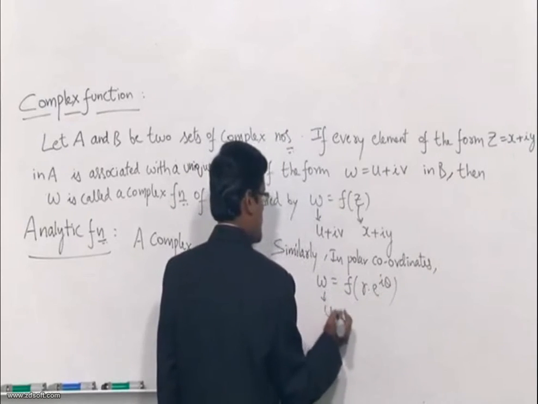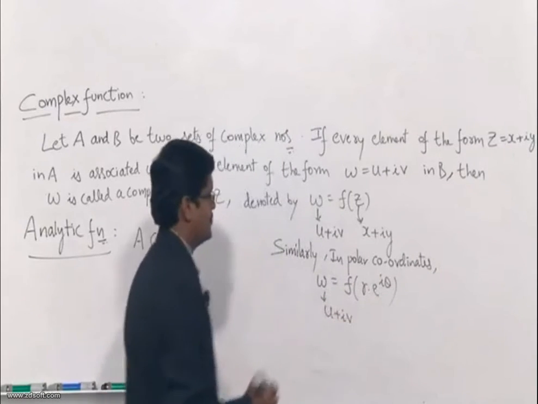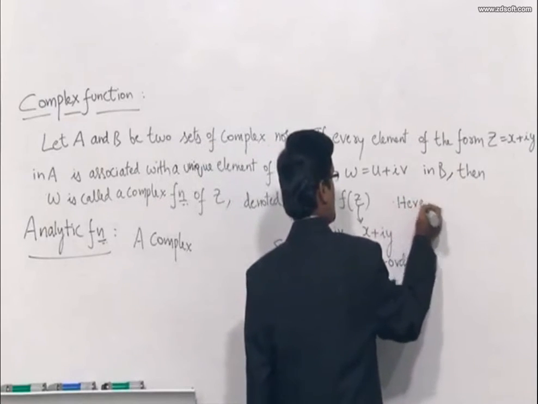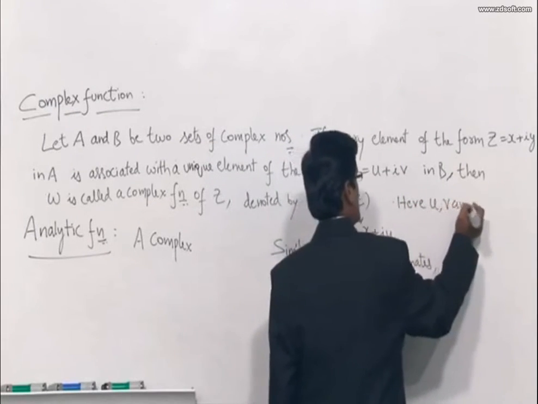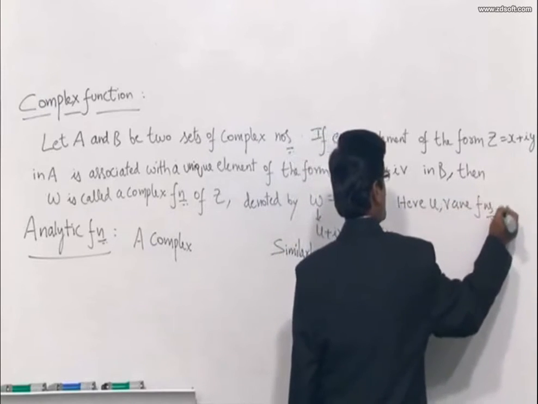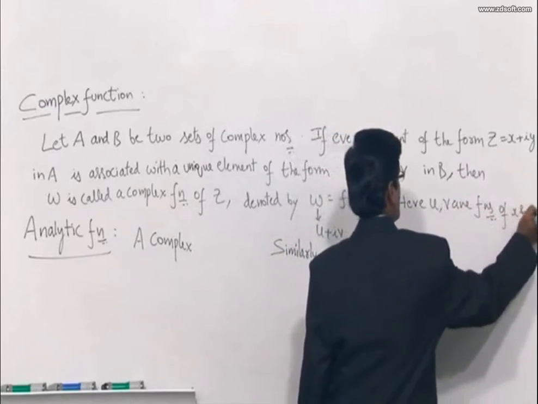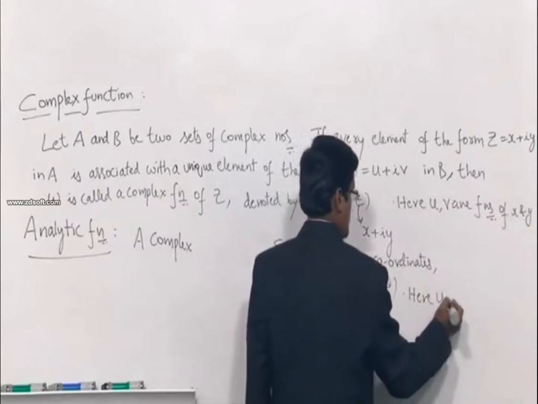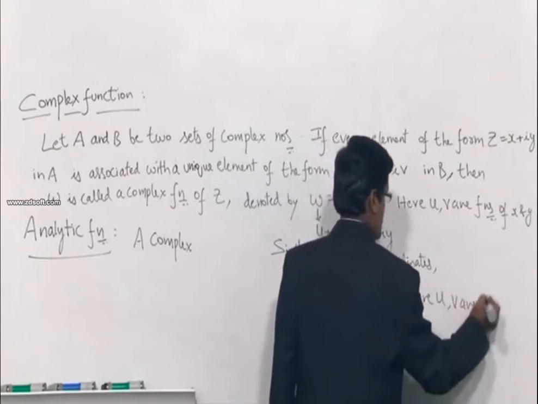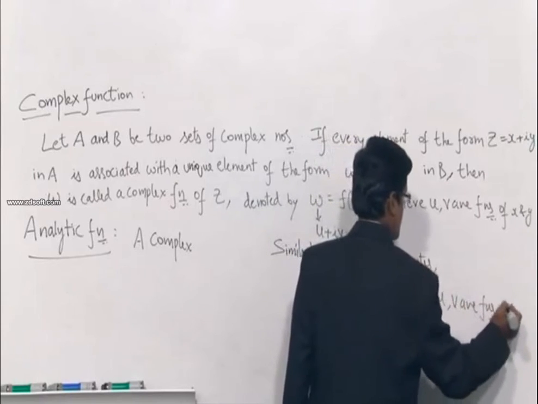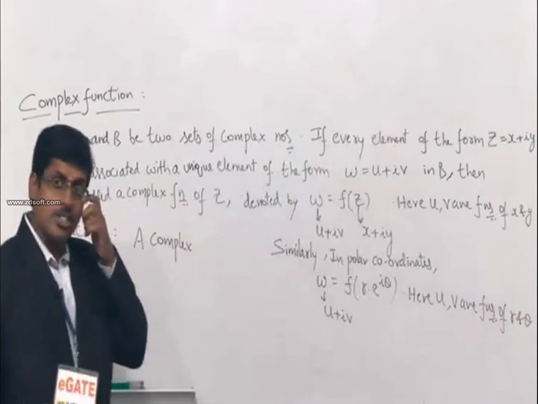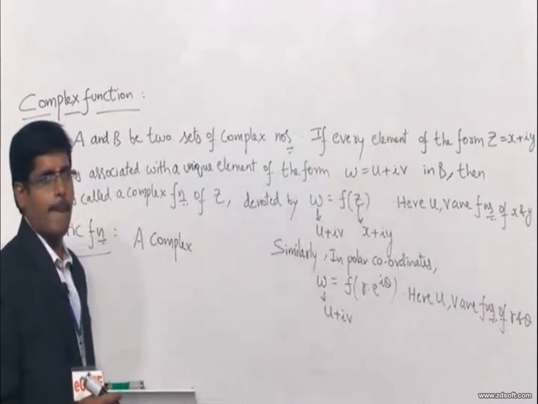W is nothing but U plus iV. Here you can add this one. U comma V are functions of X and Y. Here U comma V are functions of r and theta, expressing in Cartesian coordinates x y and polar coordinates like this.